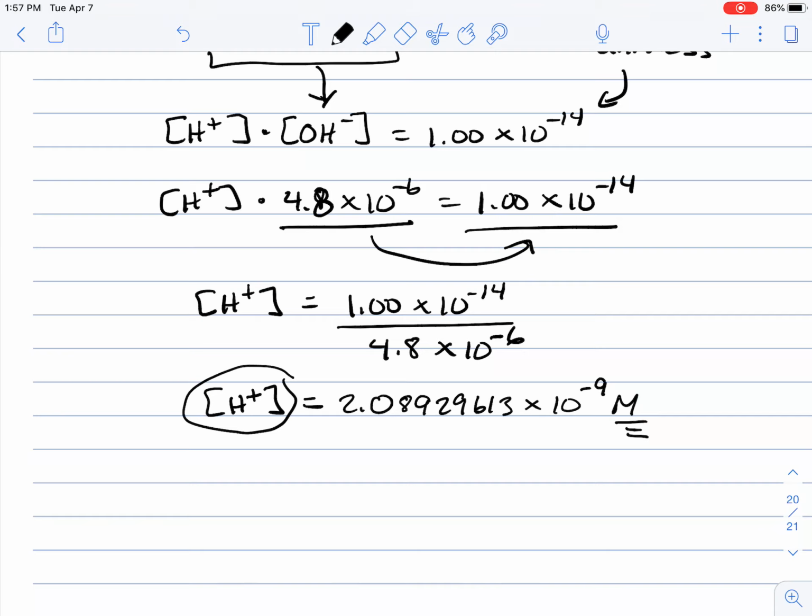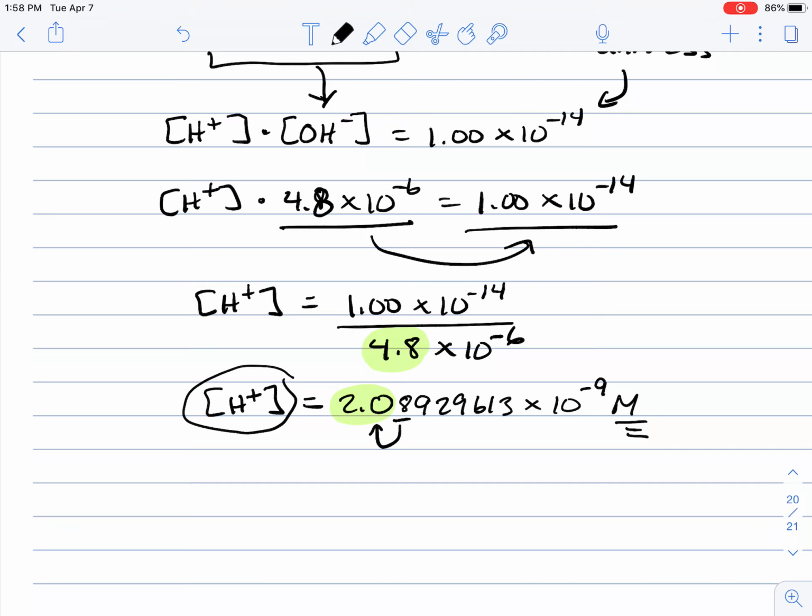Let's go ahead and talk about sig figs. If you look at the operation that we just performed, I see 2 sig figs here, and 2 sig figs is the least, and so therefore I'm going to report the first 2 significant figures that I see going from left to right.